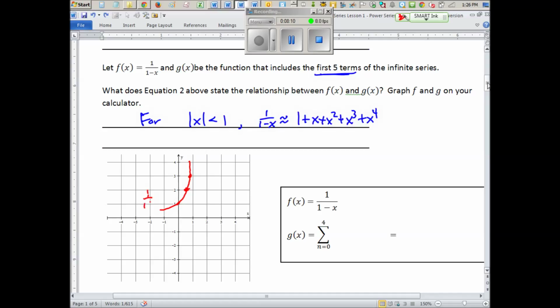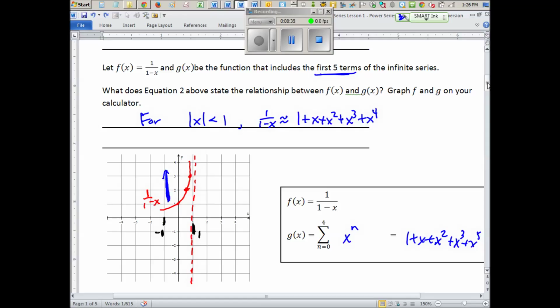This is 1 over 1 minus x. Then there's this asymptote here. If you're anywhere between -1 and +1, which is where this asymptote is, 1 plus x squared plus x cubed plus x to the fourth, the first 5 terms looks like a quartic, actually.